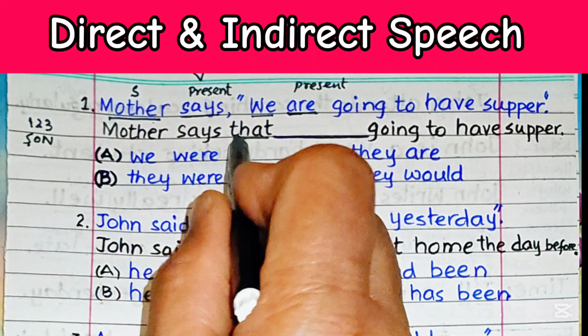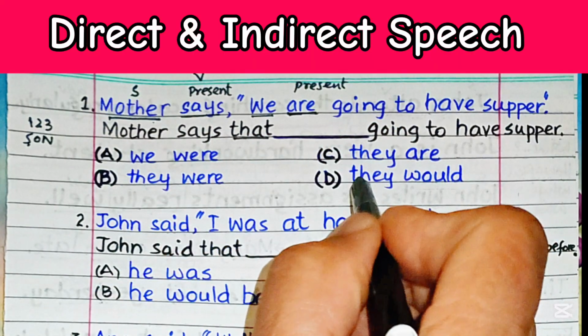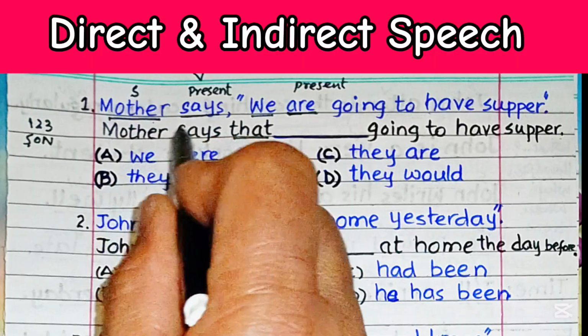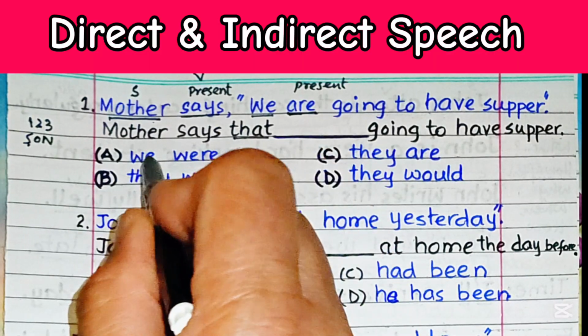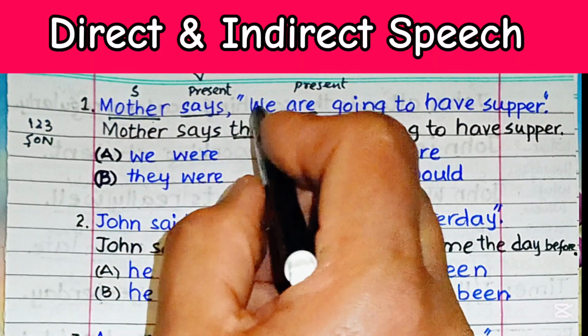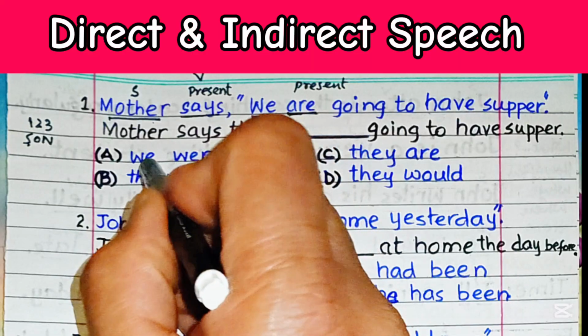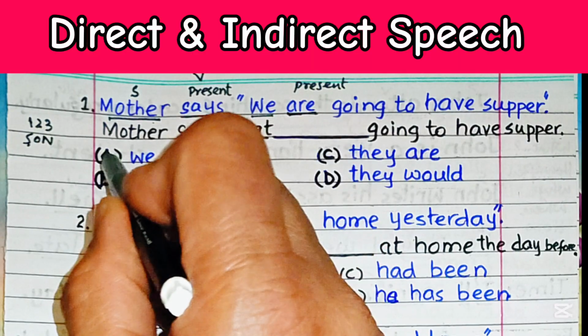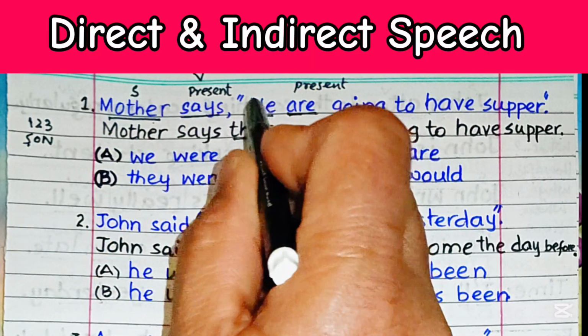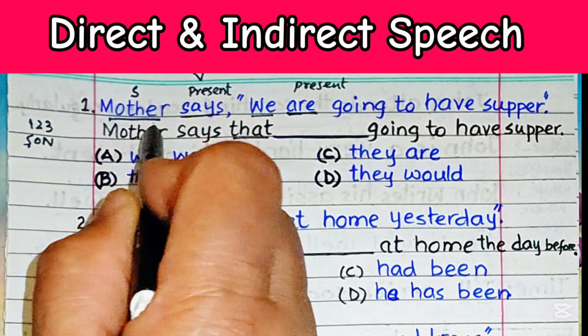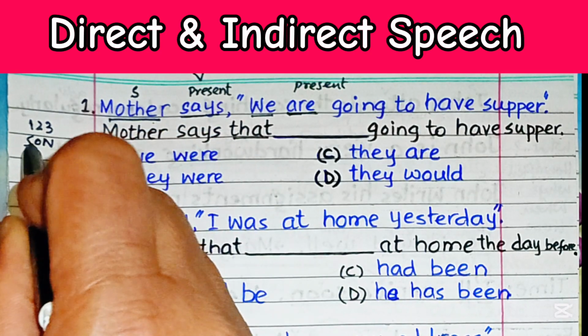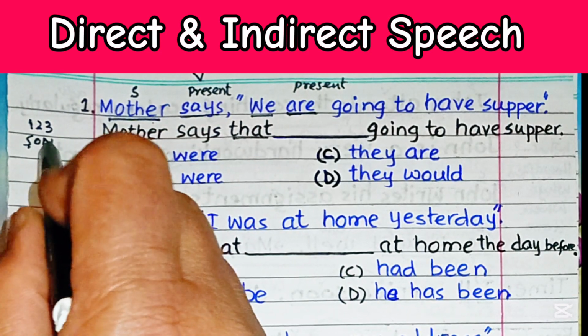Mother says that, and then we have these four options. Mother says that we were. So let's check whether it is correct. Option A. We know that once we convert the reporting to a reported speech, then we change the pronouns.